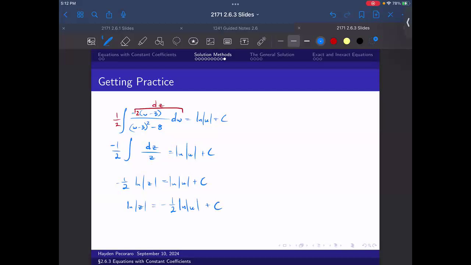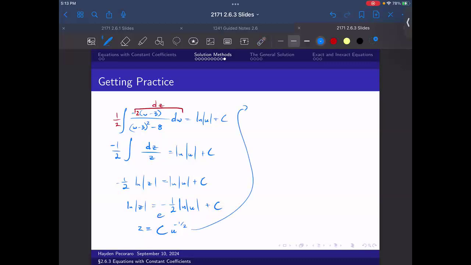And then z equals, so we're going to do e to this thing, which should give us c times u to the minus 1/2. Then remember, we can drop the absolute value bars because we took this e to the c and wrote it as just c.